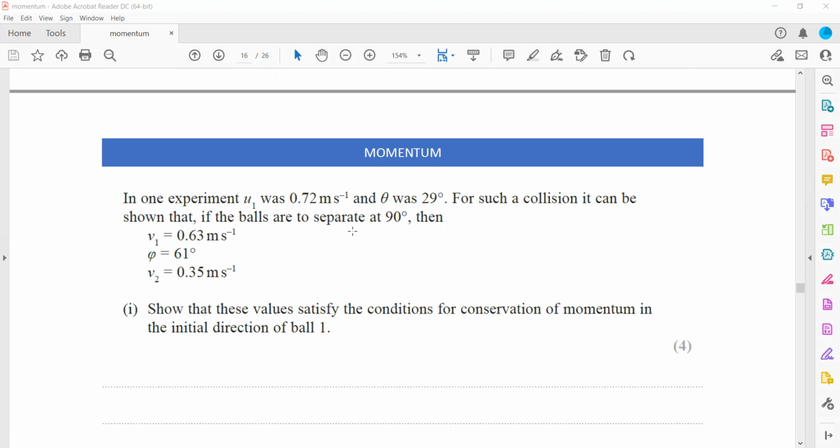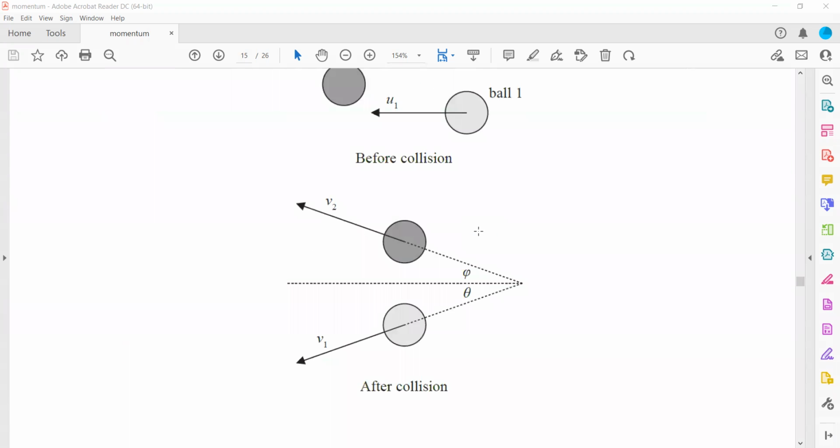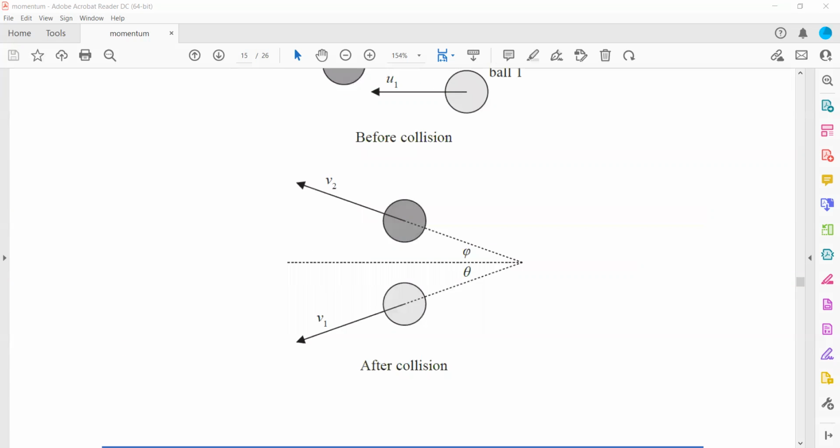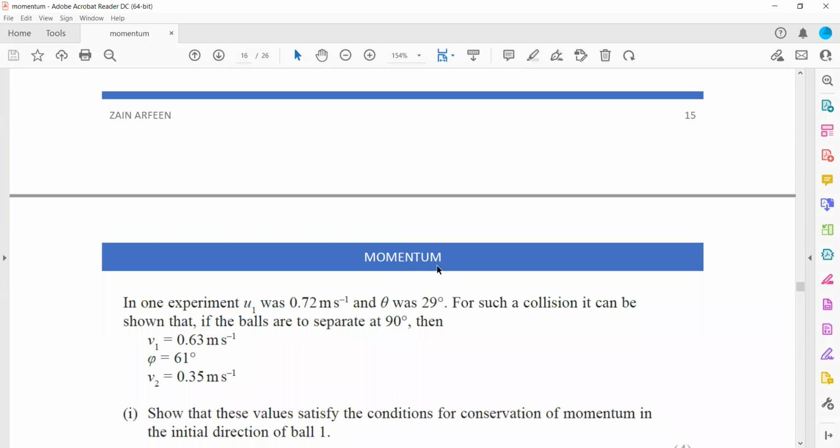Show that these values satisfy the condition for conservation of momentum in the initial direction of ball 1. This means we want to prove that the momentum is conserved in the x direction. So total momentum before the collision should be equal to total momentum after the collision. Angle phi is given as 61 and angle theta is 29.